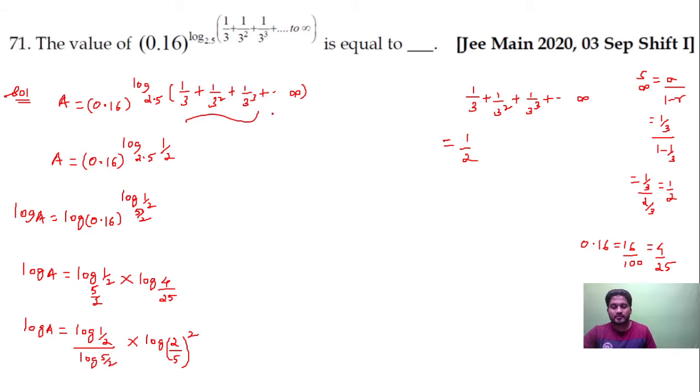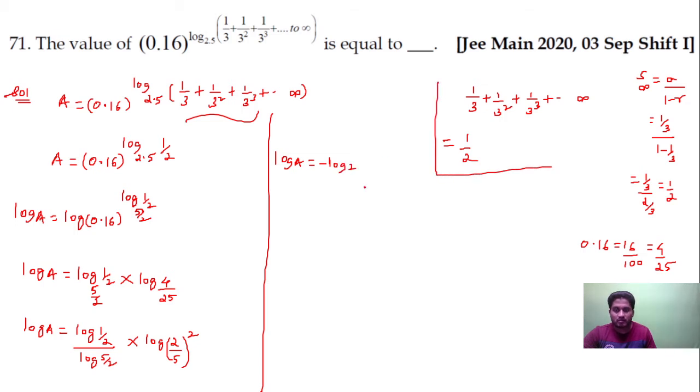Log 1 by 2 is the same as minus log 2. Log m power n is equal to n log m, so this can be written as 2 into log of 2 by 5.